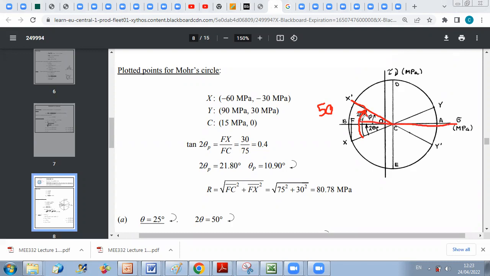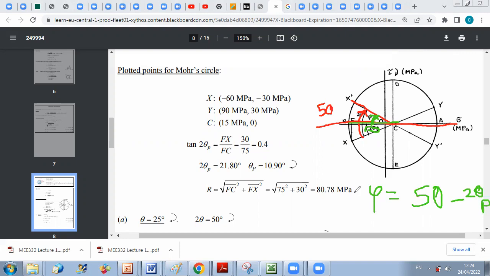So which angle do I need now? I need this angle. And this angle can be calculated now because I determined 2 theta principal. So I can say that the angle phi of rotation from the horizontal axis to X prime is simply phi equal to 50 degrees minus 2 theta p.